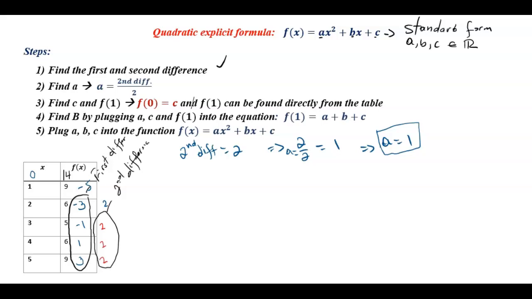Now notice, 14 minus 5 is 9. 9 minus 3 is 6. 6 minus 1 is 5. 5 minus 1 is 5. 5 plus 1 is 6. 6 plus 3 is 9.